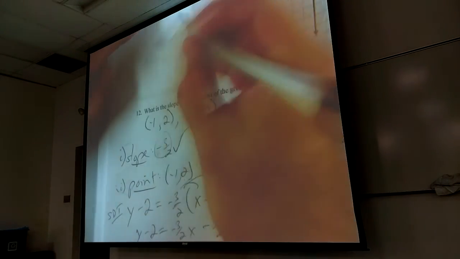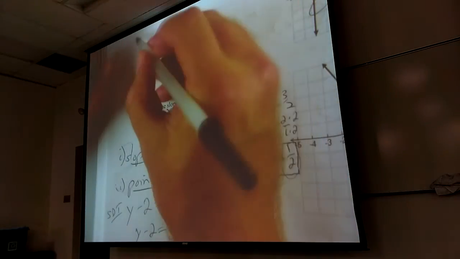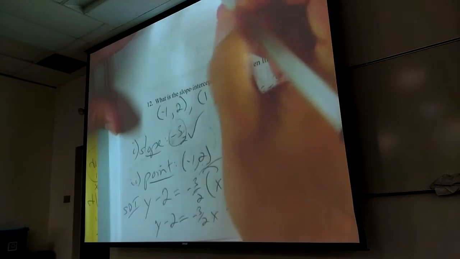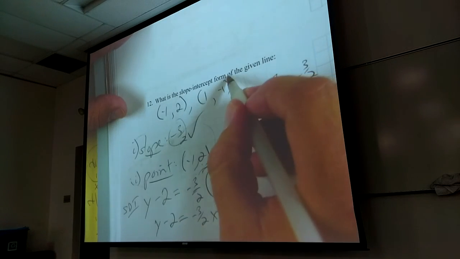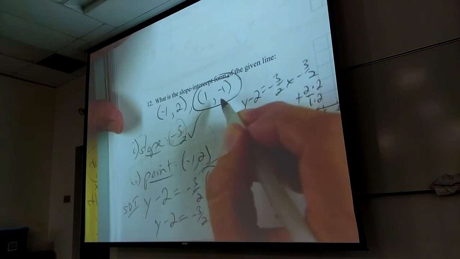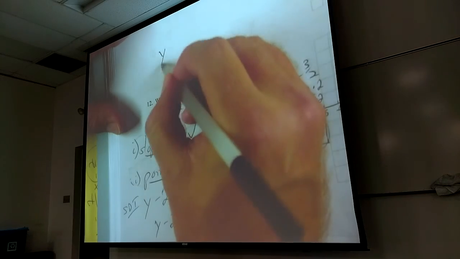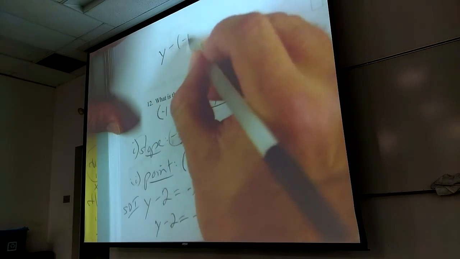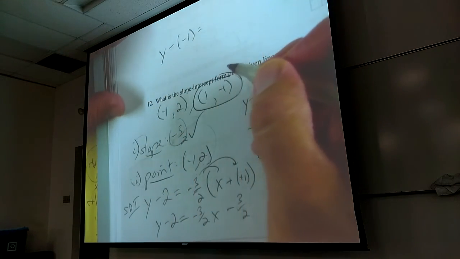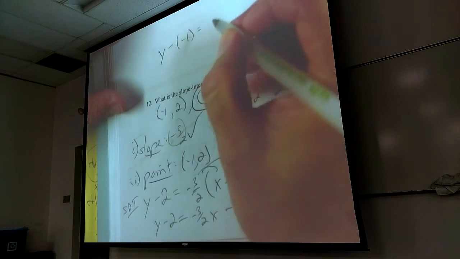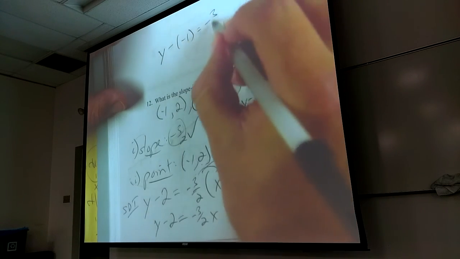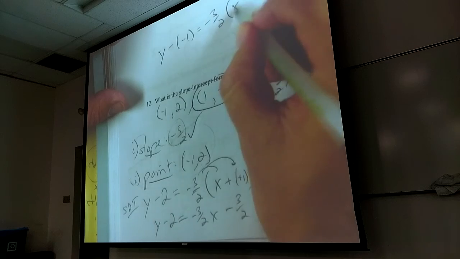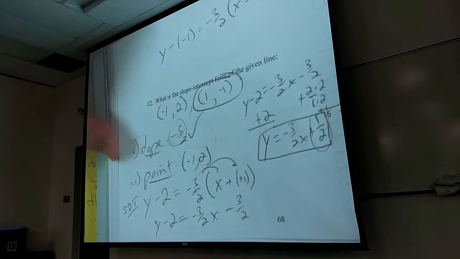Now, real quick, if you would have done this the other way, guys, stay with me now. If I would have chosen this point instead, it would have been y minus the y piece, m times x minus the x piece.